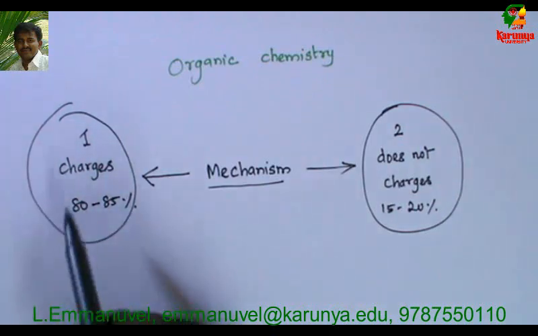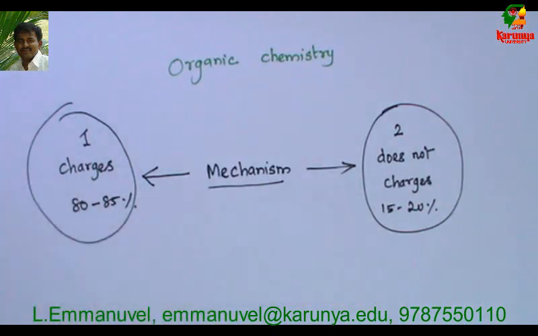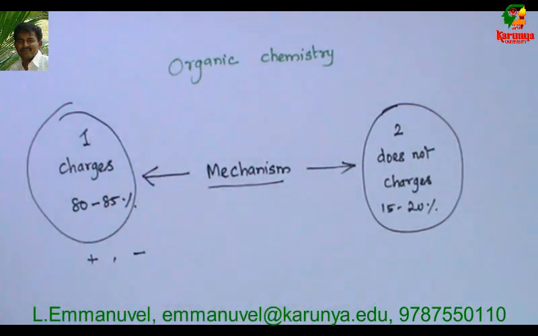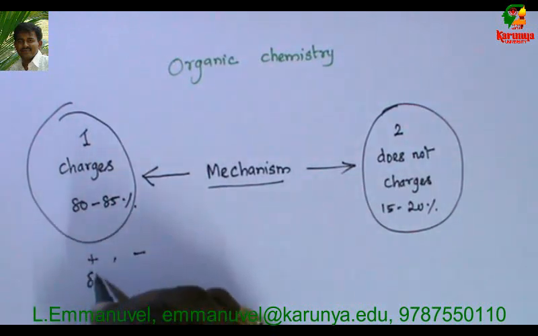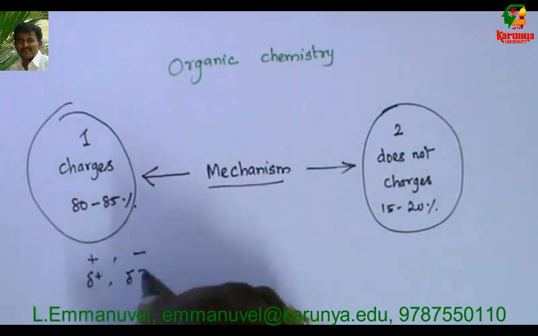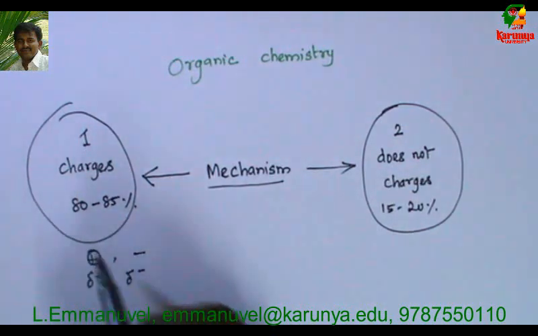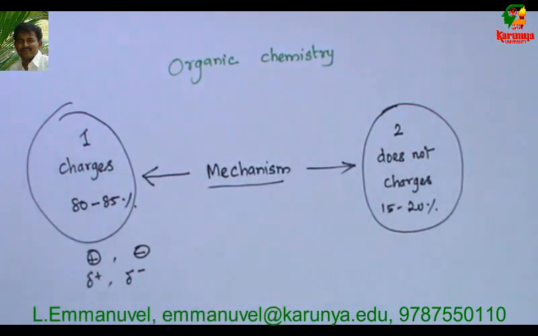Here, since they are charges, you may know there will be plus and minus charges, or del plus, del minus. That means you cannot find plus or minus, but there is some partial positive character. So this del refers to partial positive and partial negative character.